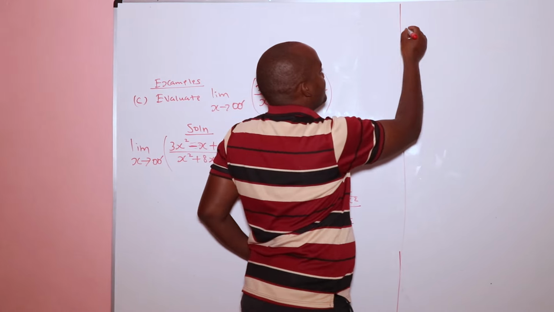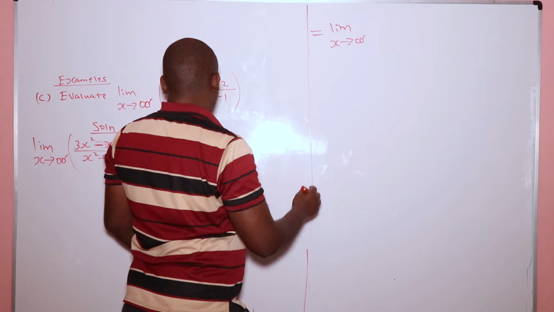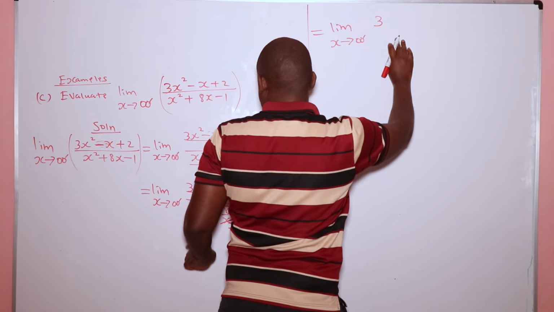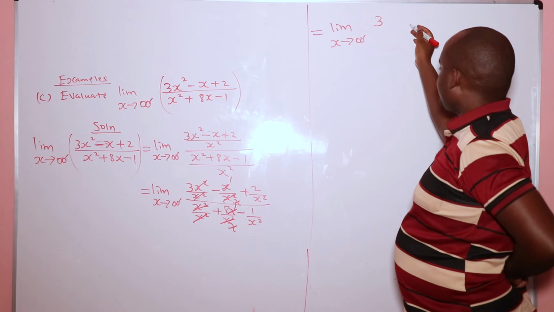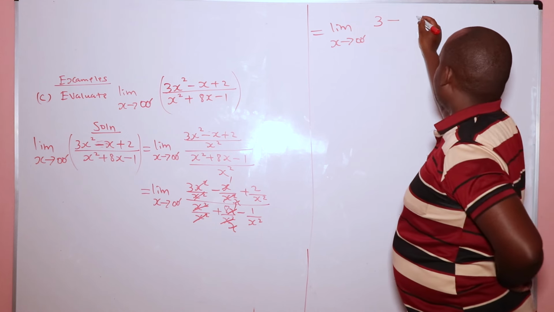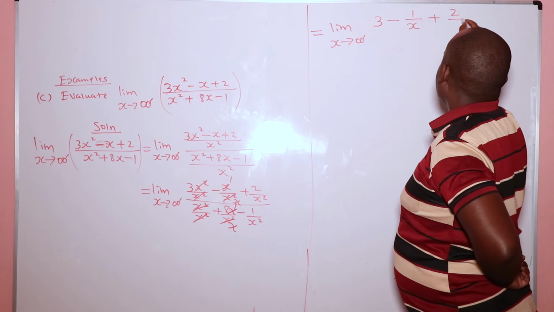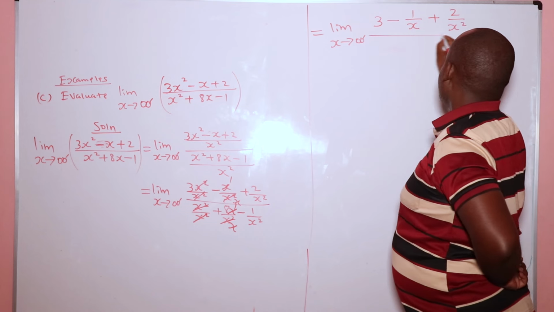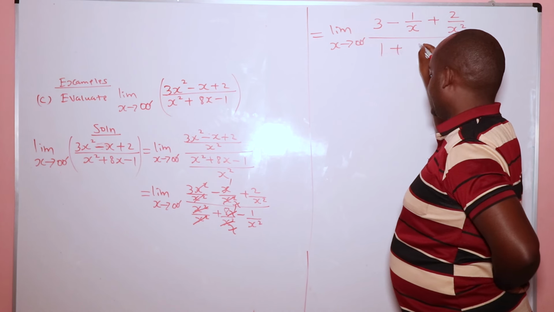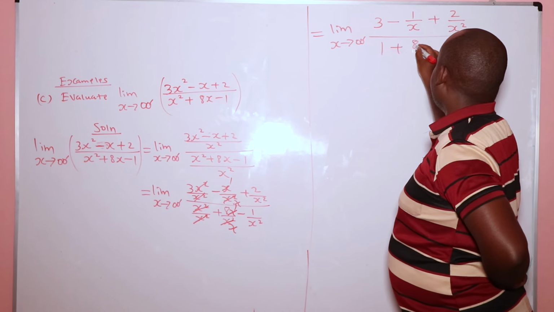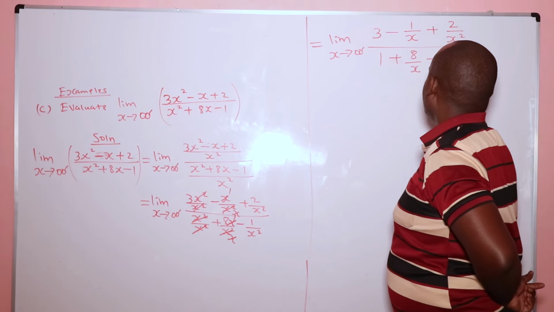So which would be equal to the limit as x approaches infinity of, for the numerator, 3 minus 1 over x plus 2 divided by x squared. For the denominator it will be 1 plus 8 over x minus 1 over x squared.